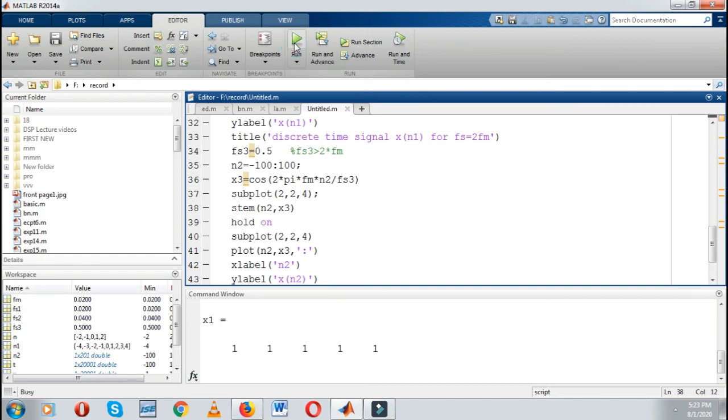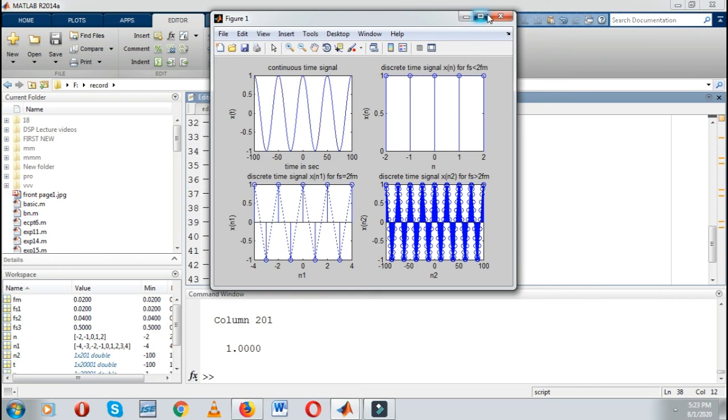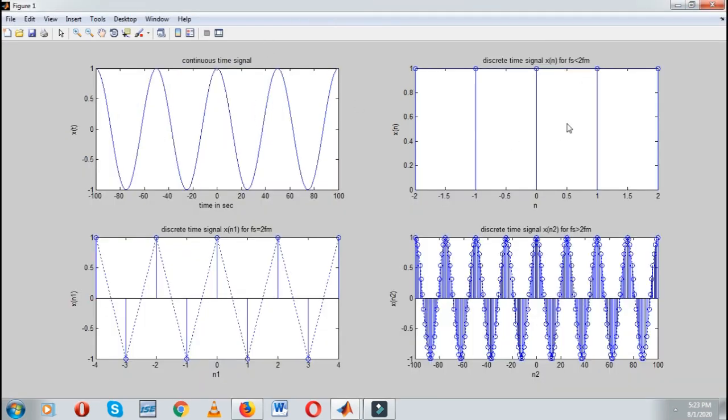Just go to the run option and you can see this is the first signal, this is the second. For fs less than 2 fm, this fs equal to 2 fm. This is fs greater than 2 fm, where you can see there is proper sampling verification. Here only some samples are there, which means that condition is not satisfied.